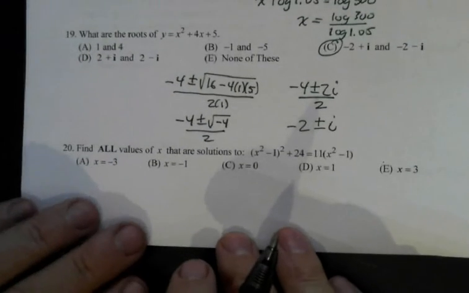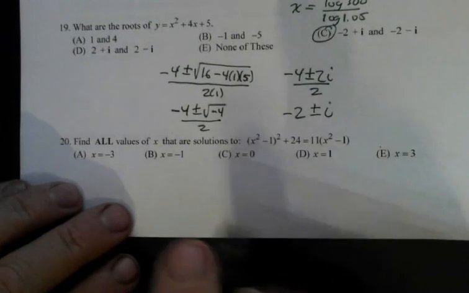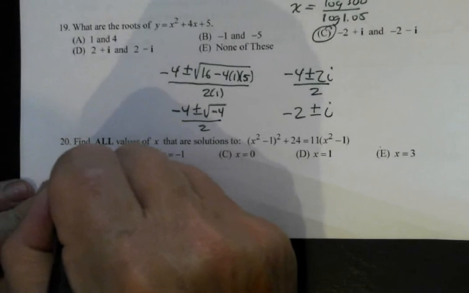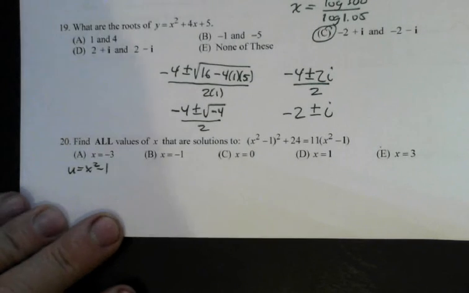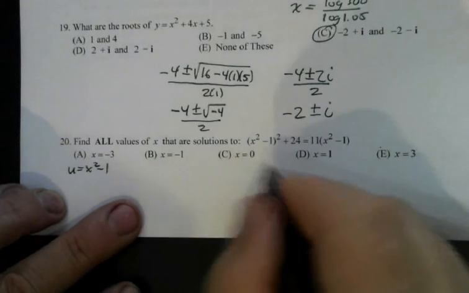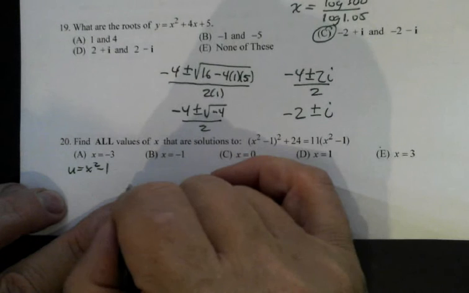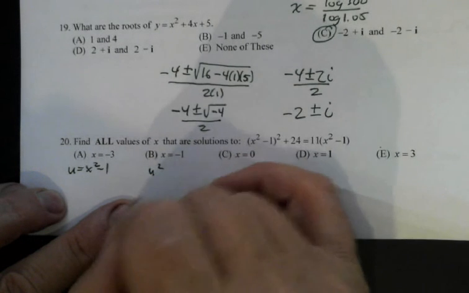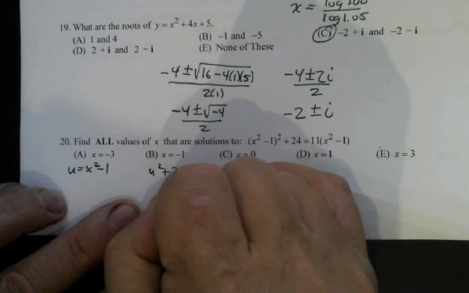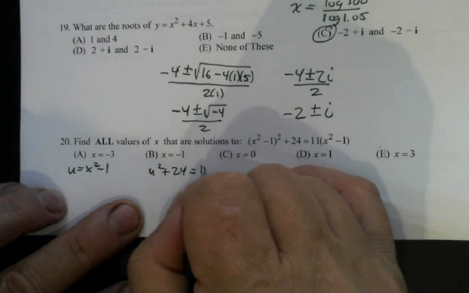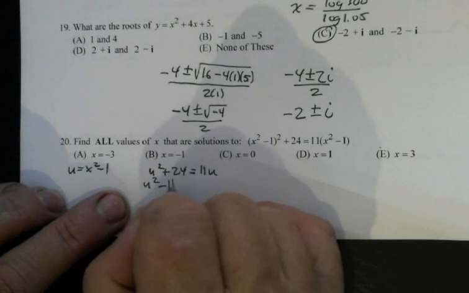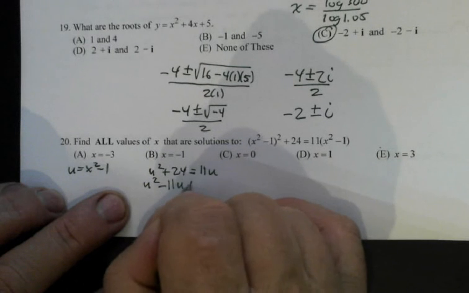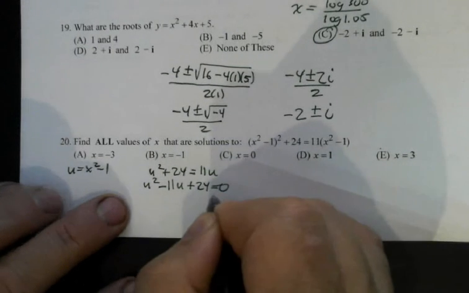Okay, we have another substitution problem here. So I'm going to let u equal x squared minus 1. Okay, so when we go to solve this, I've got u squared plus 24 equals 11u. Move everything to one side, get u squared minus 11u plus 24.